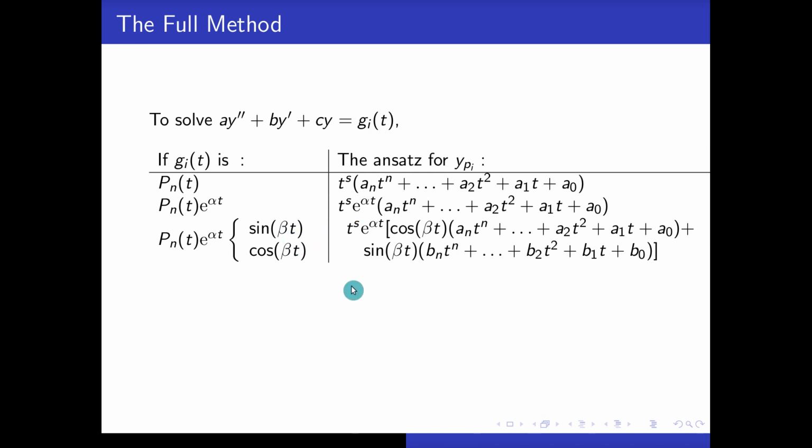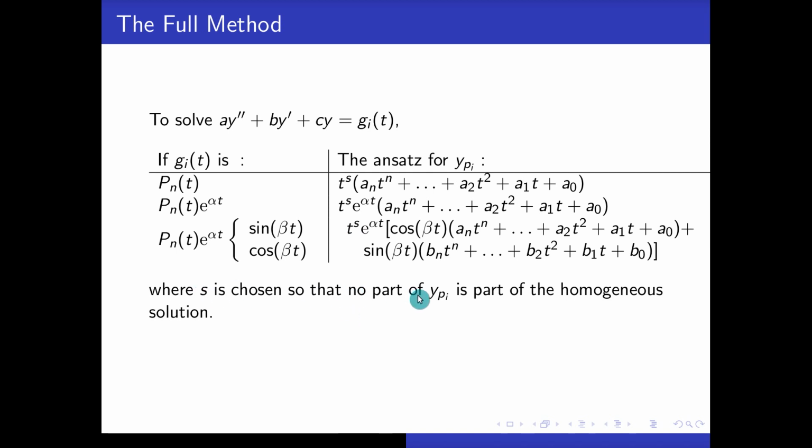Good. So s is either 0, 1, or 2, depending on whether y sub p sub i is part of the homogeneous solution. We're going to see some examples of that. Once you're finished with your ansatz for your y sub p sub i, you substitute it into the differential equation and solve for the coefficients. That's why this method is called the method of undetermined coefficients.